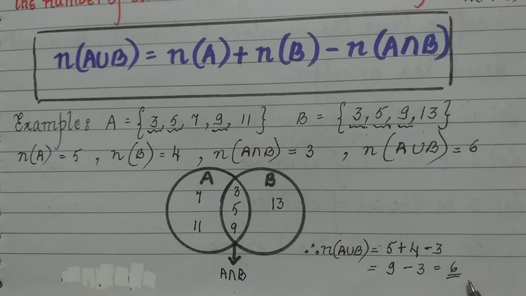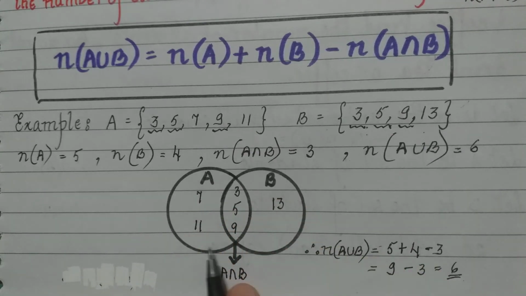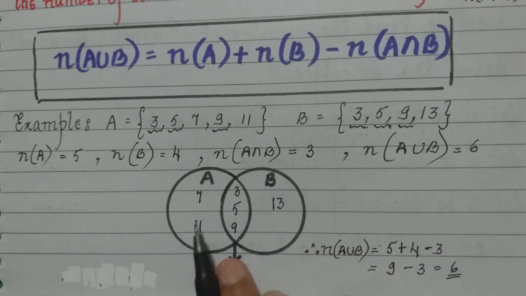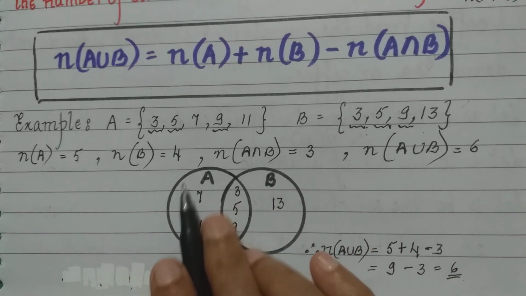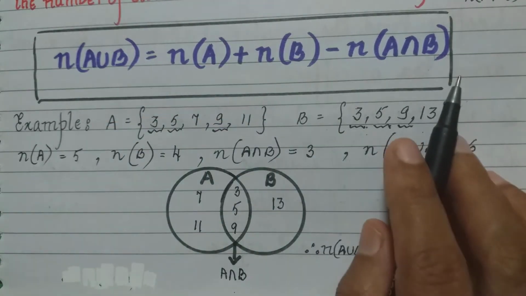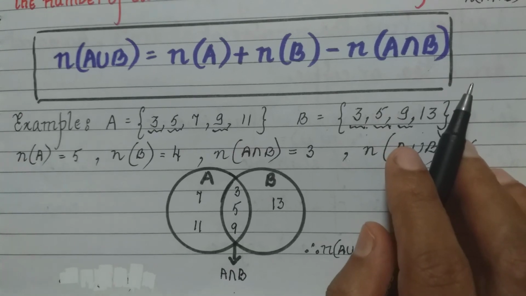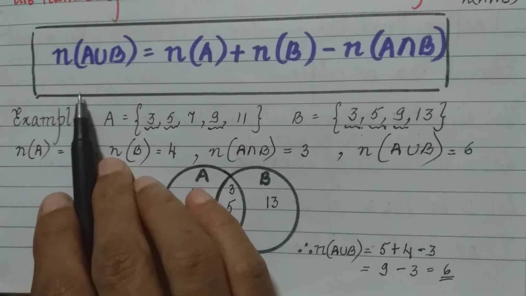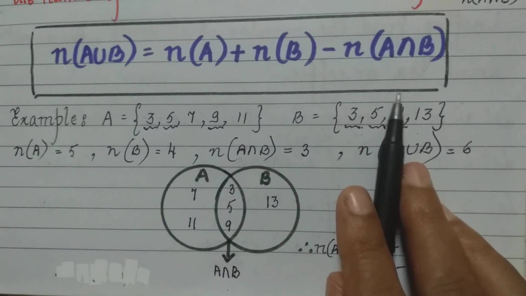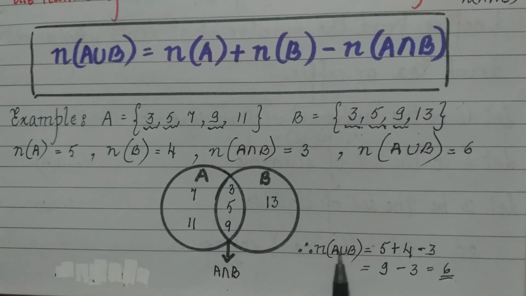So n of A union B is 6, and we had counted just now and said that the number of elements in A union B is equal to 6. So you see in this full Venn diagram, if we count the elements, it is 6, and we have confirmed with this relationship also, that n of A union B equals n of A plus n of B minus n of A intersection B, and n of A union B will be 6.